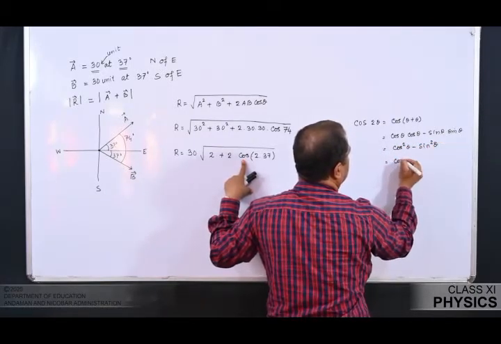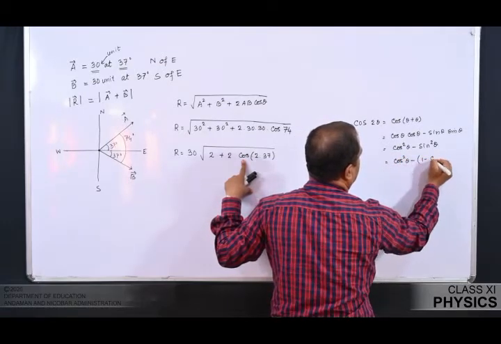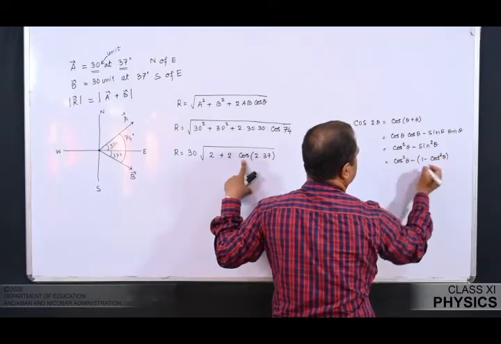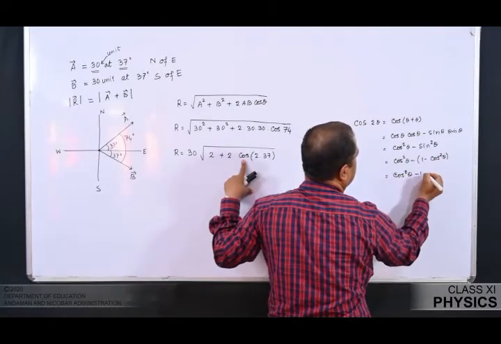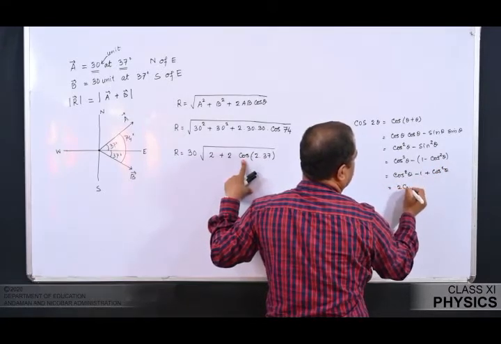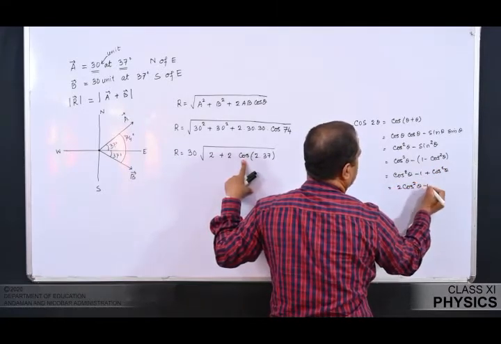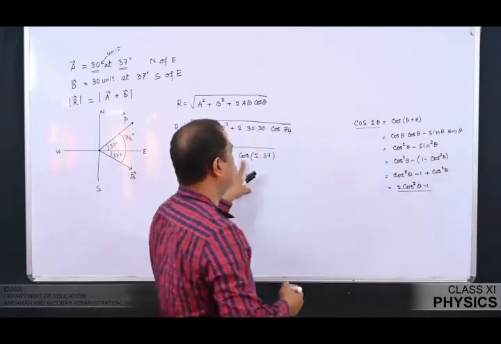This can also be written as cos square theta minus (1 minus cos square theta). When I open the bracket, this is cos square theta, so this will be twice of cos square theta minus 1. So cos 2 theta can be written as 2 cos square theta minus 1.